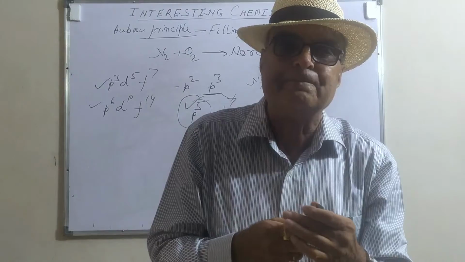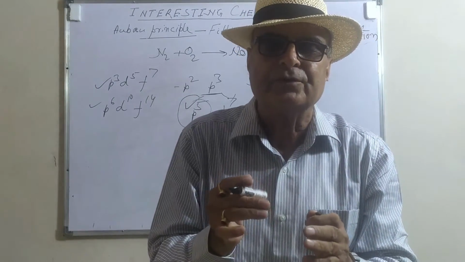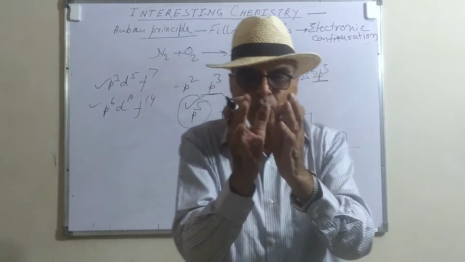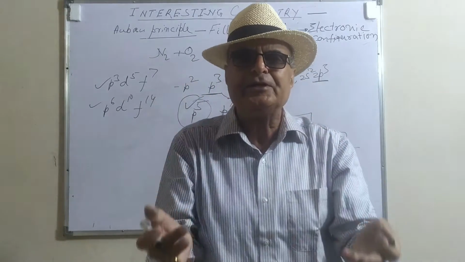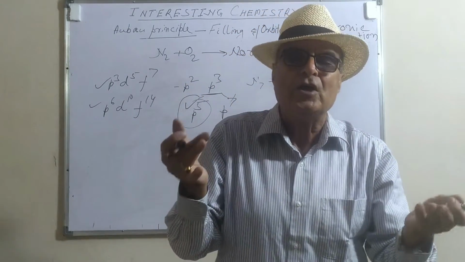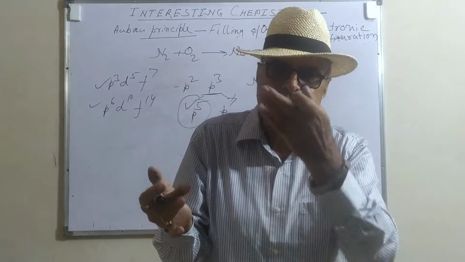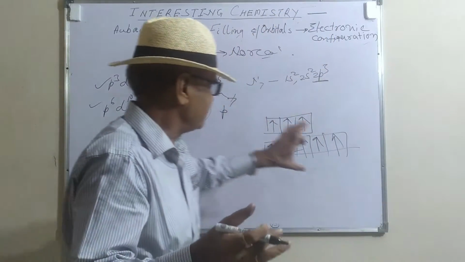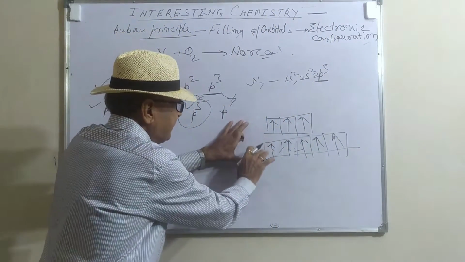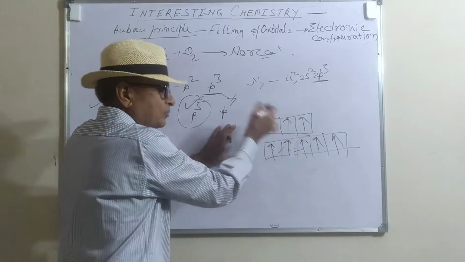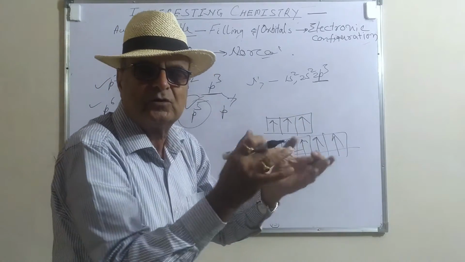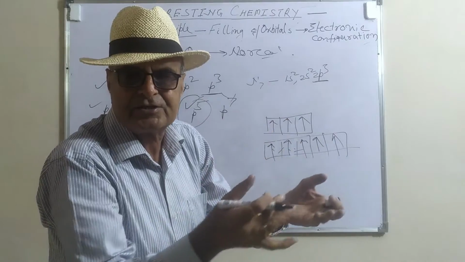The second cause. There are two causes behind the stability of half-filled and fully filled orbitals. First, I have explained the symmetry, or that they have identical spin, so the stability increases.